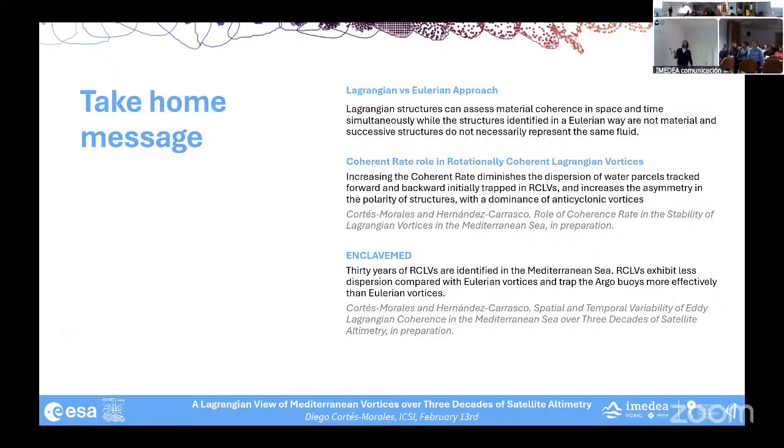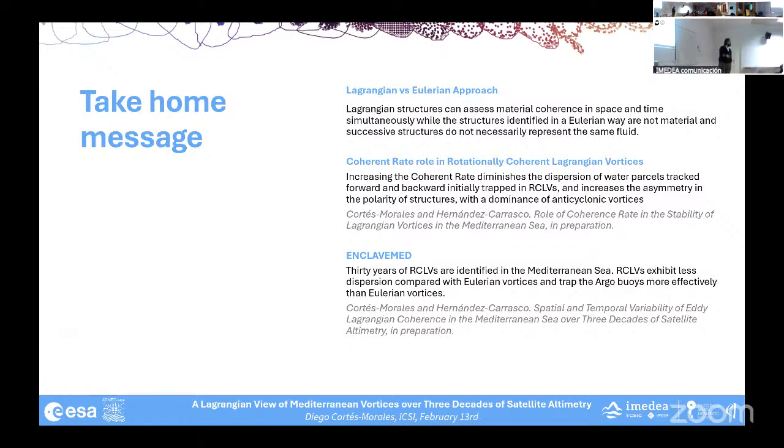We have computed rotational coherent Lagrangian vortices in the Mediterranean Sea, and we have tested how the properties of this atlas change when we change the Lagrangian coherent rate, the time that we use to track the particles to compute the Lagrangian metrics.